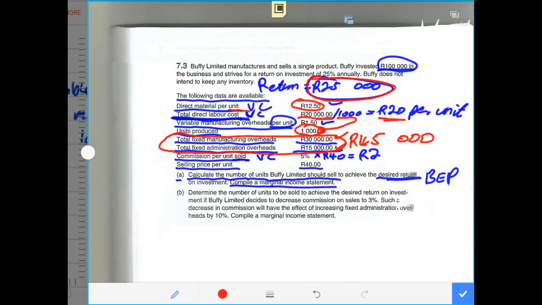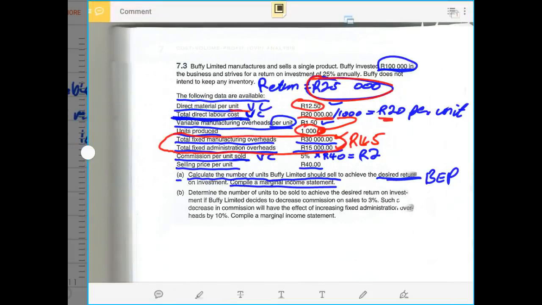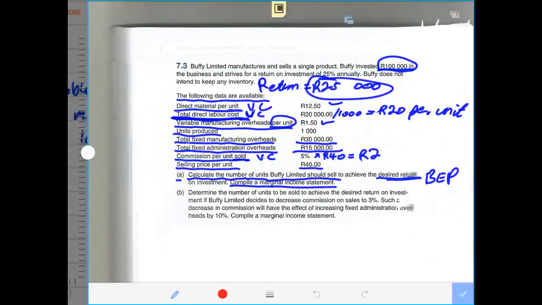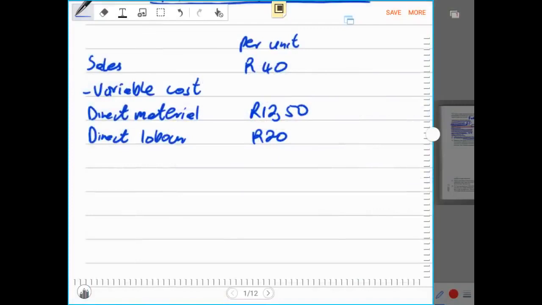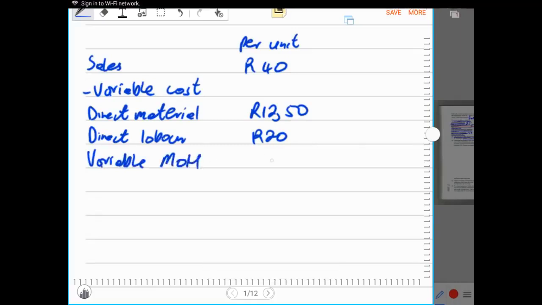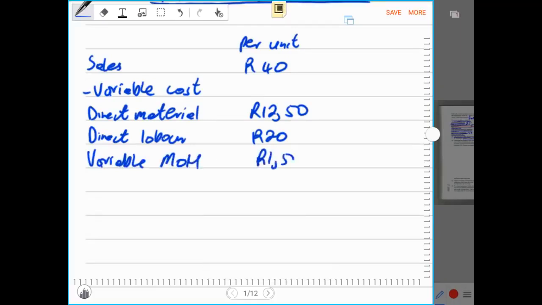Then we have our variable manufacturing overheads, which are provided to us as 1 rand 50 cents per unit. Therefore, we have variable manufacturing overheads of 1 rand 50 cents.